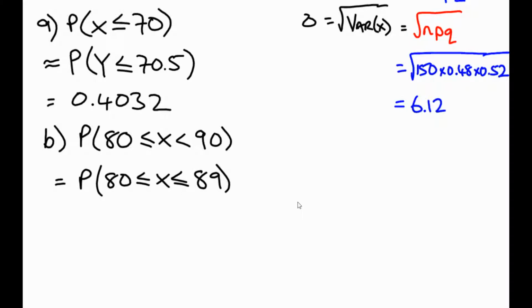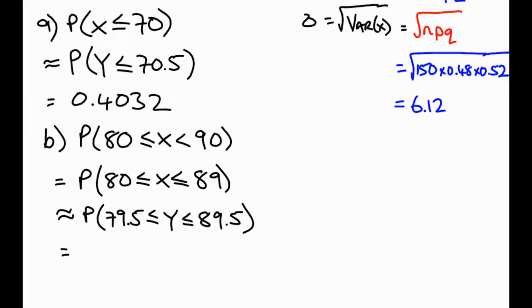That's an equivalent probability statement, which is approximately equal to all of the numbers in between 79.5 and 89.5. If I start at 79.5 and go for the numbers bigger, will I include the number 80? Yes. And if I go all the way up to and stop at 89.5, will I have included the number 89? Yes, I will.